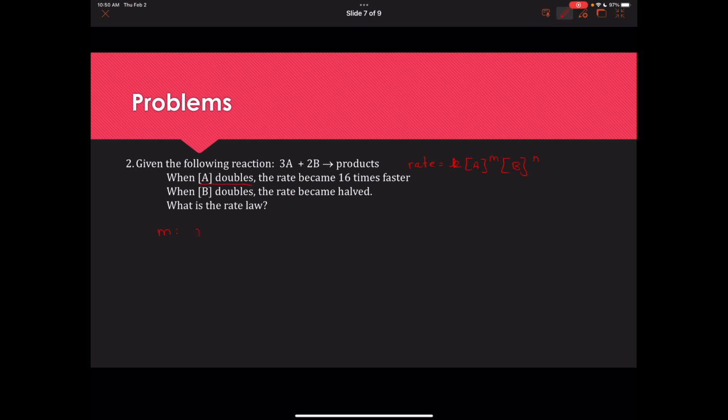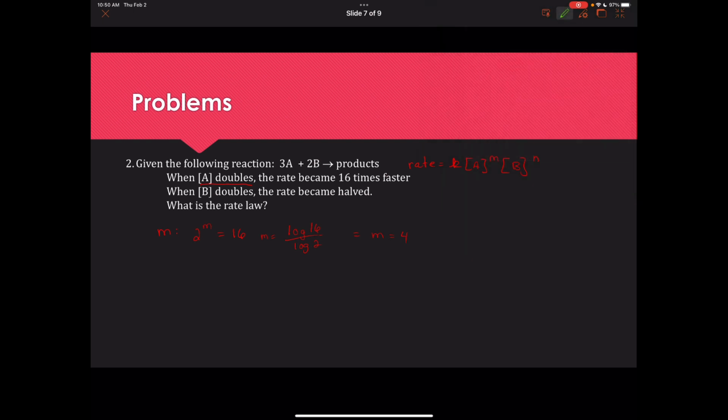So A's concentration doubled. Its rate was 16 times faster. We would solve using our logs. And so we would get that our M value is 4.